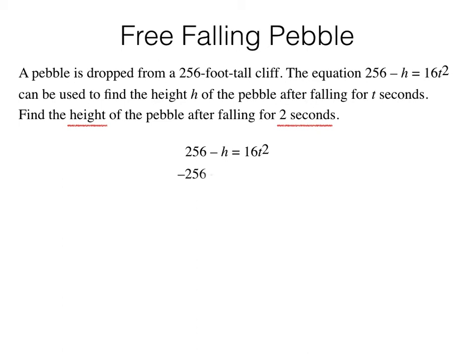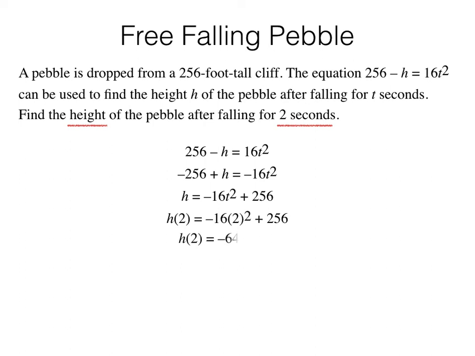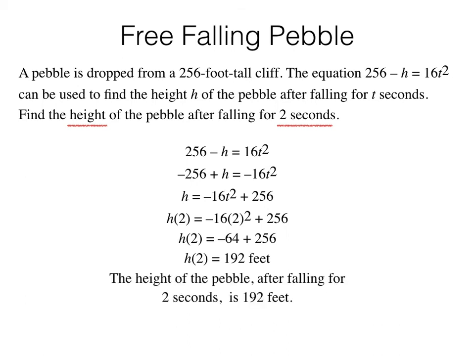I'm going to multiply everything by -1 here to get my h positive. Now I'll add 256, and I want to find h of 2 by substituting 2 in place of time. That's -64 plus 256, that's 192 feet. So the pebble, after falling for 2 seconds, is 192 feet high.